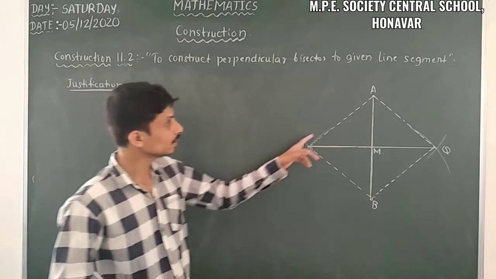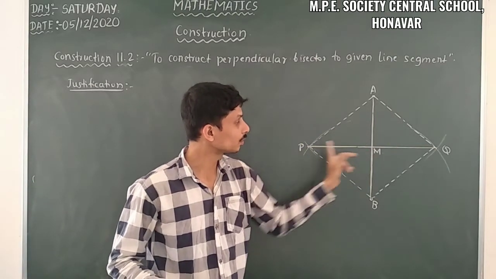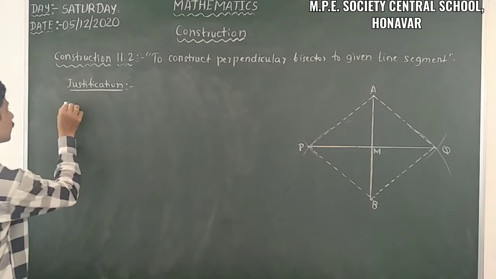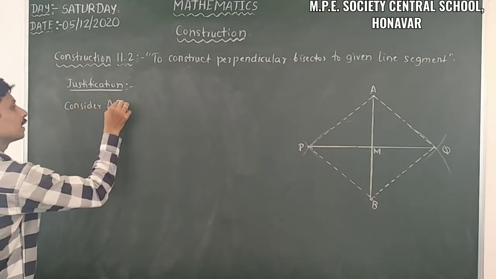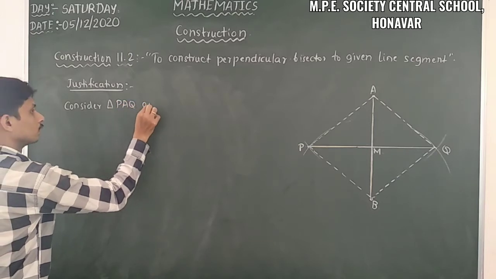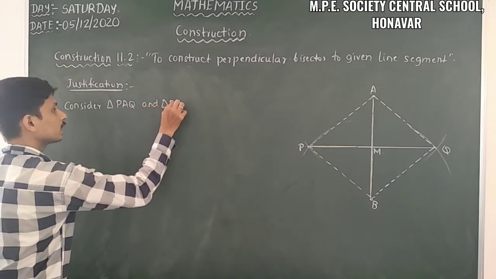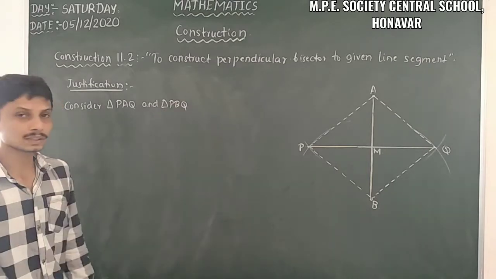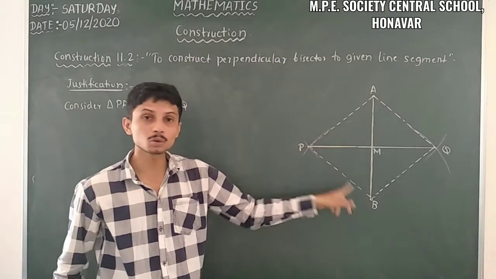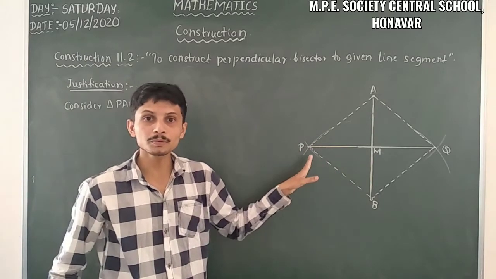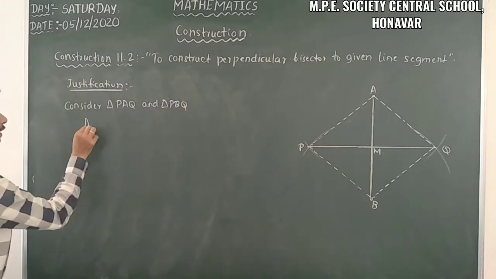So firstly, I will consider triangle PAQ and triangle PBQ. What equalities do we have? Here I will take AP equal to BP because they are the radii of the same arc.